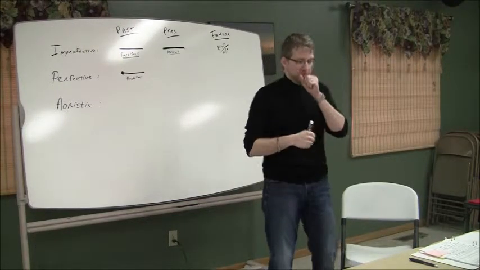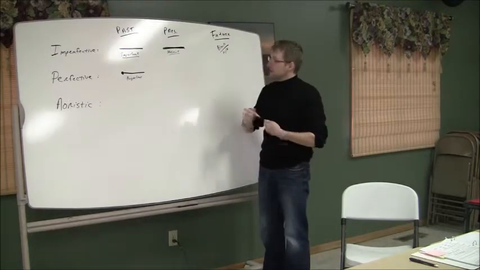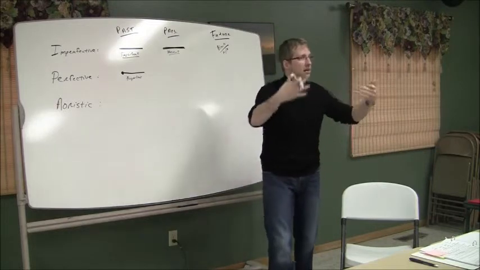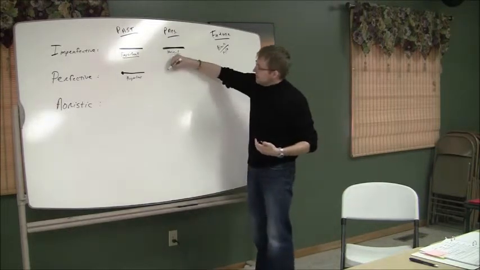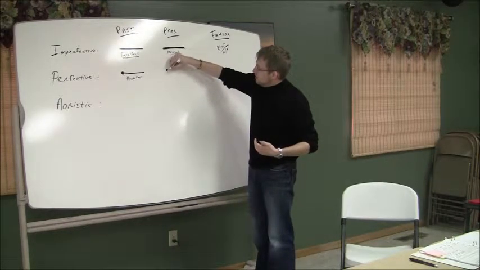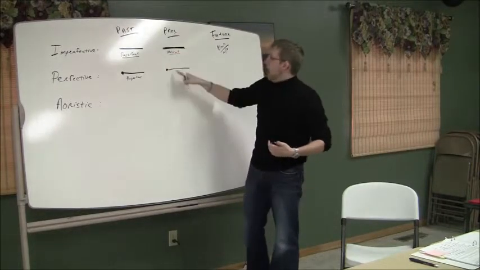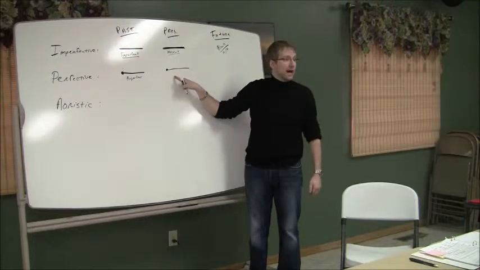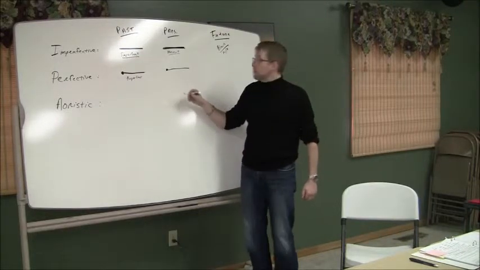Now, if we look in the present tense, I'm just going to mirror this back to you guys. How would I draw out a perfective aspect? It's a dot with ongoing results. And a perfective aspect happening in the present tense, what do we call that? A perfect.